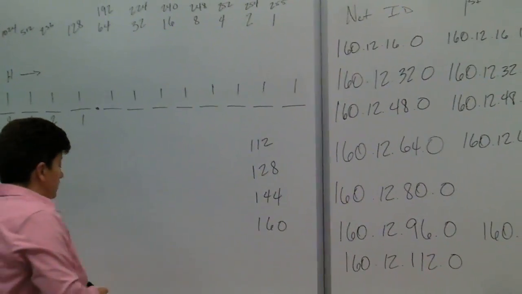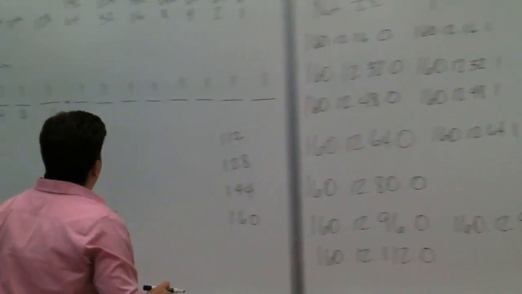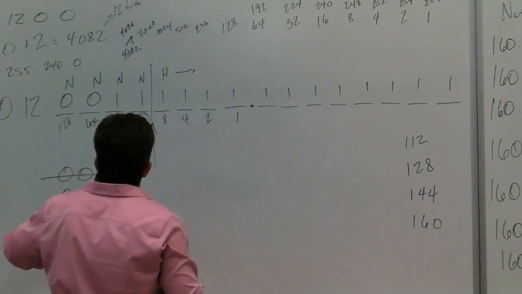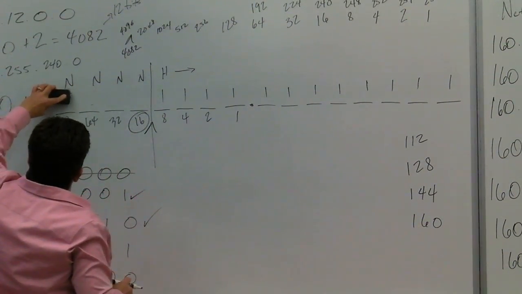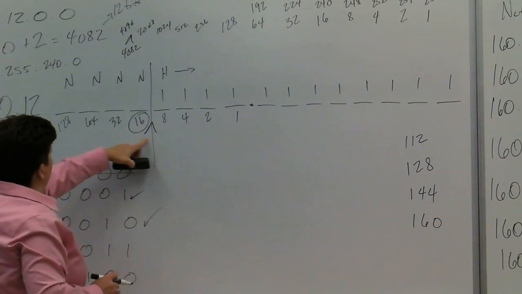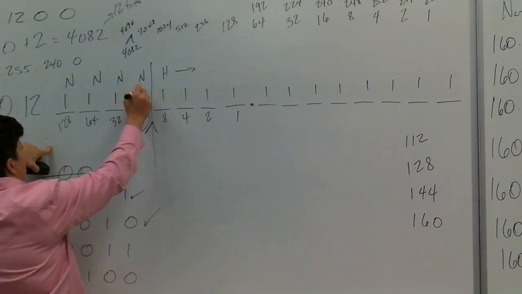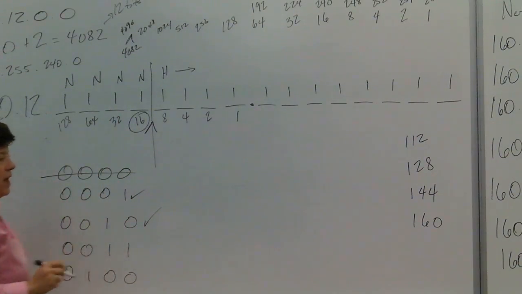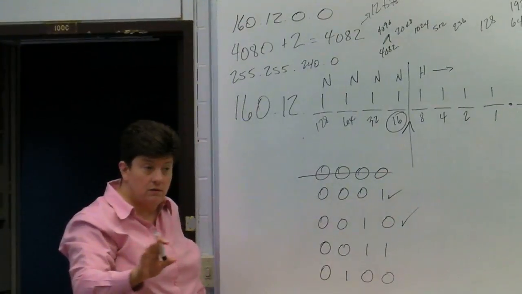There's a couple ways to do this, right? What is the biggest number I can write over here on my network side? Well, I would fill it all up with ones, right? Oh, wait a minute. We're not allowed to give that away, correct?